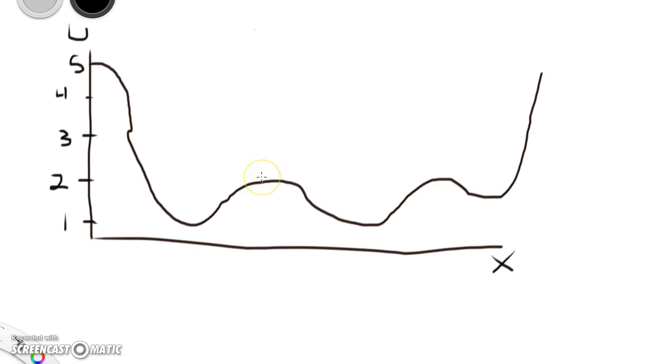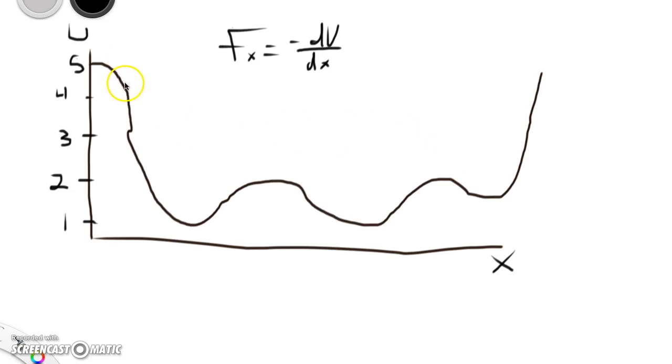And so the first thing we're going to talk about is the relationship between this graph and the force acting on an object. Remember from before that the force is equal to the negative derivative of potential energy. Here's what that means. If we look at the slope of potential energy, we can figure out how strong our force is and in which way it's acting.